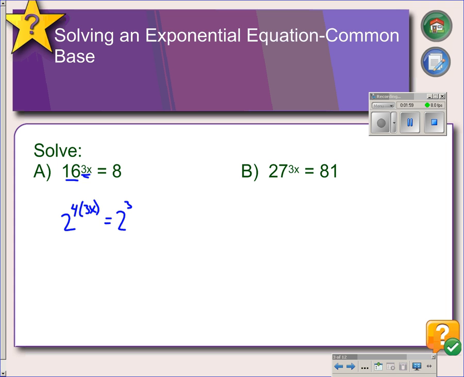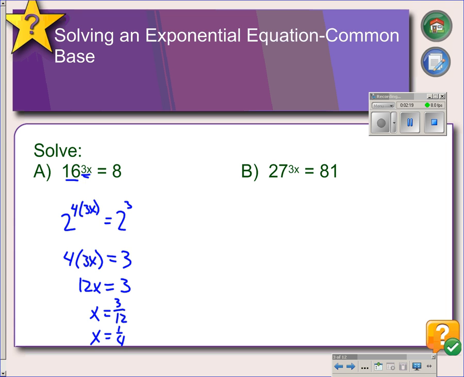Now, since we have matching bases, we can say 4 times 3x is equal to 3. So 4 times 3 is 12. 12x equals 3. Dividing by 12 on each side, we get 3/12, and so x equals 1/4.